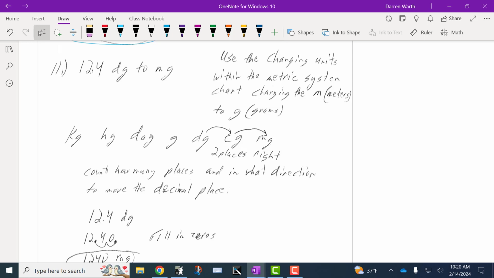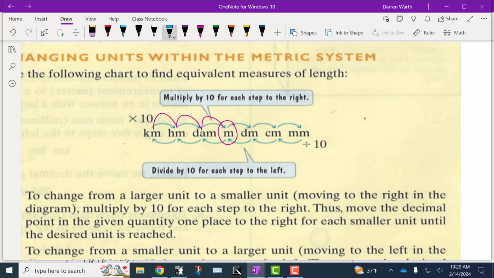You're going to notice on your chart, on your formula sheet, the nice thing about the metric system is, as you're using it, all these basic units apply to all the different types of basic units in the metric system.